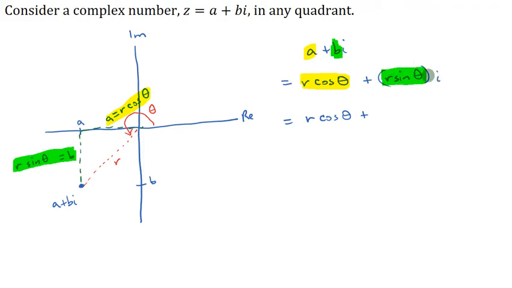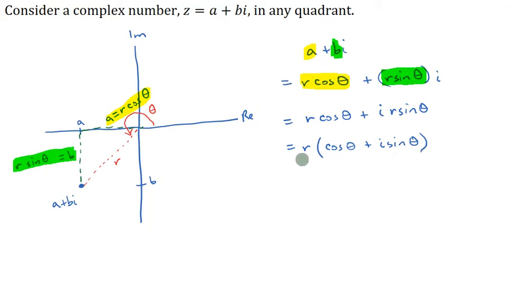I don't want i to look like it's part of my angle theta i. That would be kind of strange. So typically we'll put the i up here in the front. So it'll be r cosine theta plus i times r sine theta. And then finally, because these have an r in common, we will usually factor the r out to get r times the quantity cosine theta plus i sine theta.